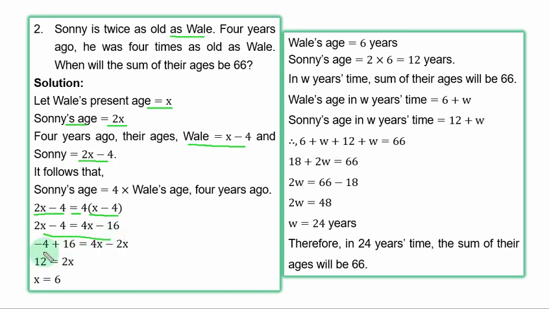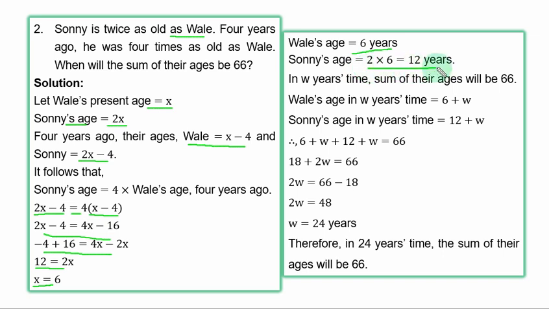Collect like terms. You have this, and 12 is equal to 2S. Divide through by 2, S is equal to 6. Therefore, Wale's age is 6 years, and Sonny's age, twice Wale's age, becomes 2 times 6, that is 12 years.